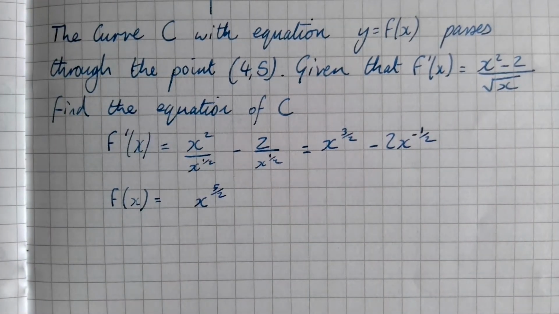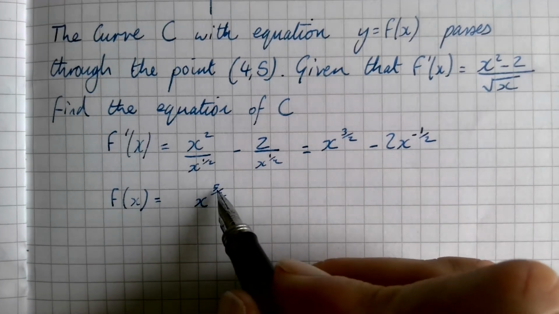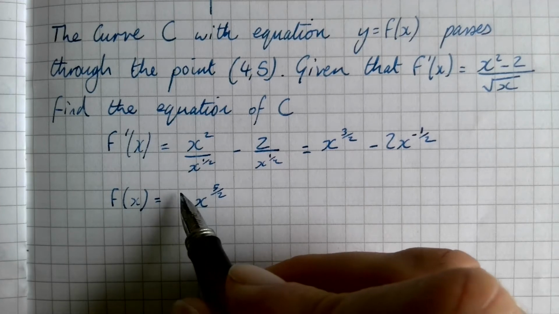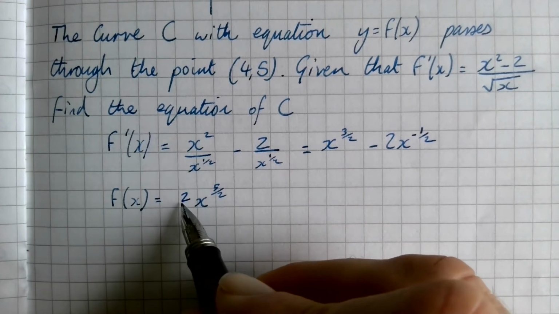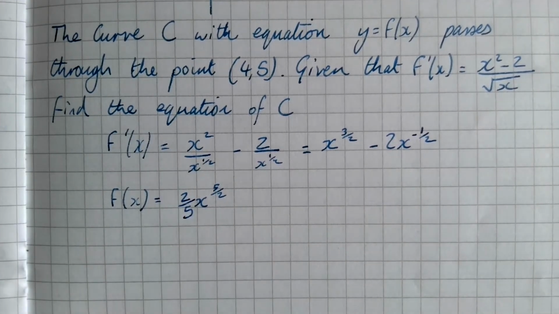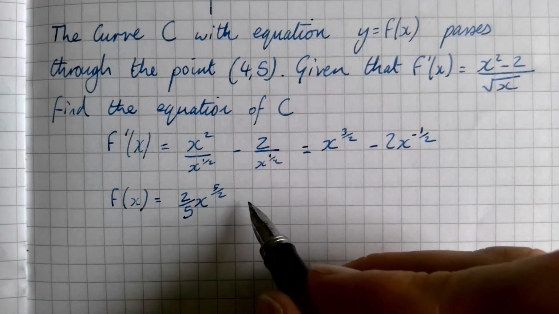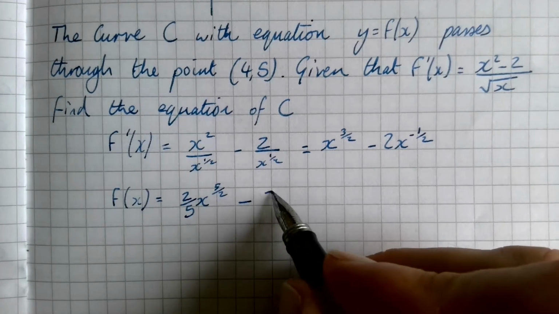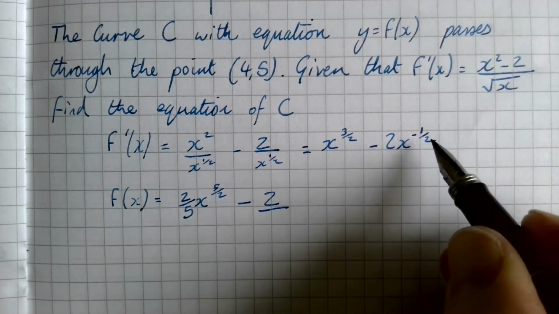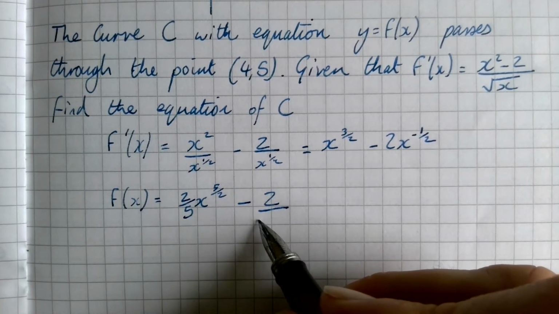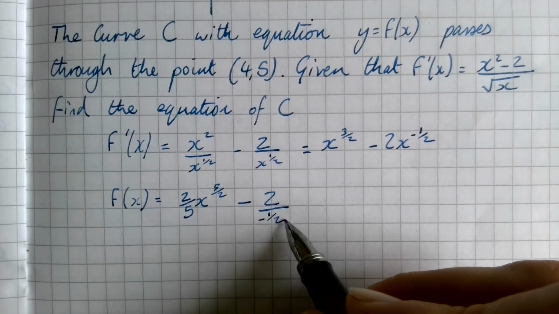And then we need to divide, but I am going to take a bit of a shortcut. When I divide by 5 over 2, I'm going to end up multiplying by the reciprocal, so that's going to give me 2/5. And then here I've got -2, divided by -1/2.